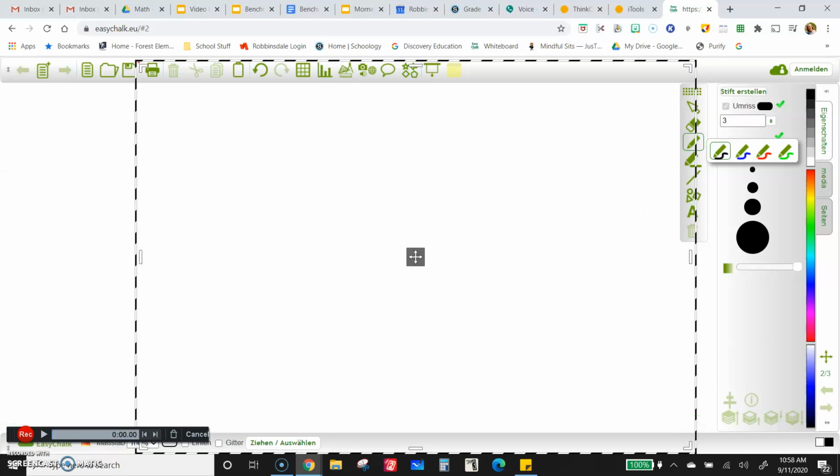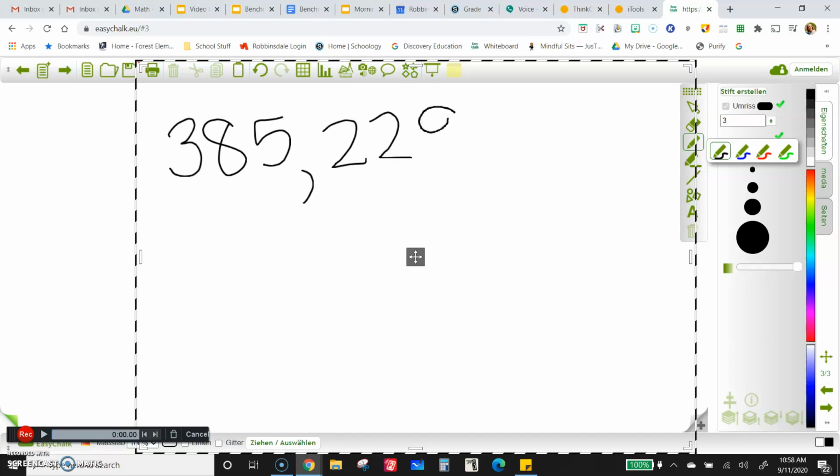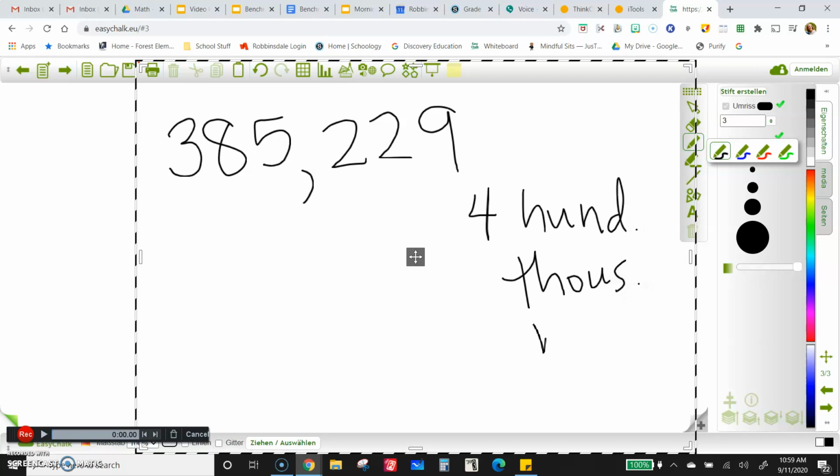Let's do one more where we're adding something on. So say I started with 385,229. I wanted to do 400,000 more. So how many 100,000s do I have right now?